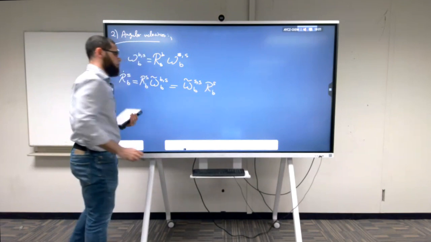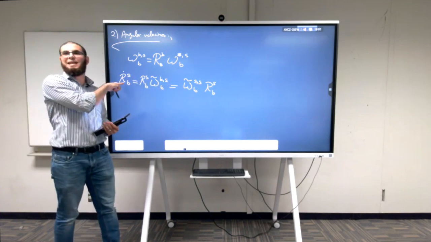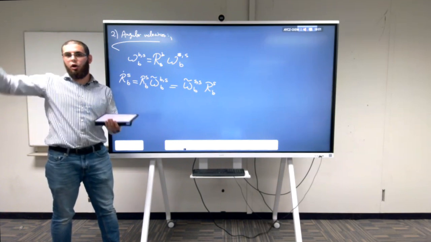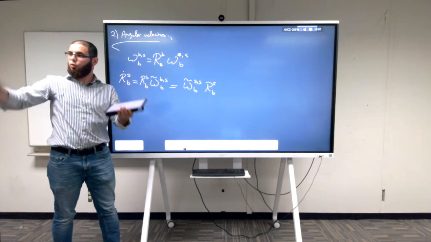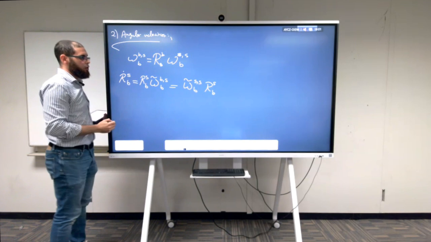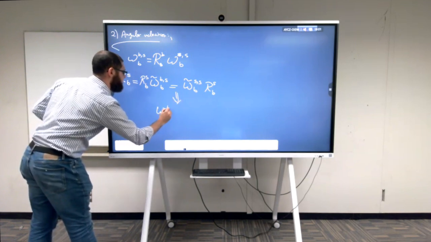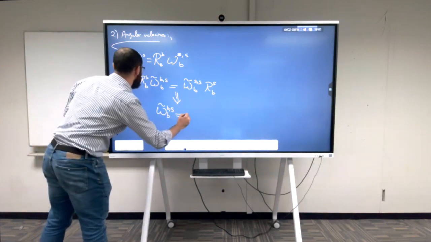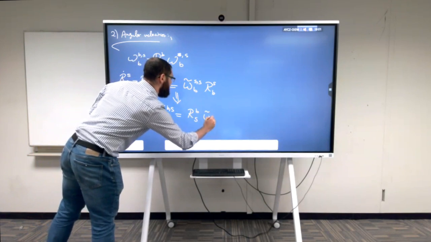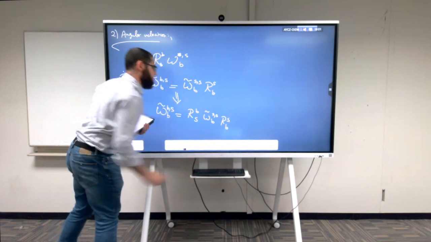Everyone agrees? So you see that these two are related because they represent the same tangent vector in the tangent space to the curve that represents this rotation of a rigid body. So these two have to be the same, which implies that this guy in tilde form is equal to R_SB omega tilde_BS R_BS.